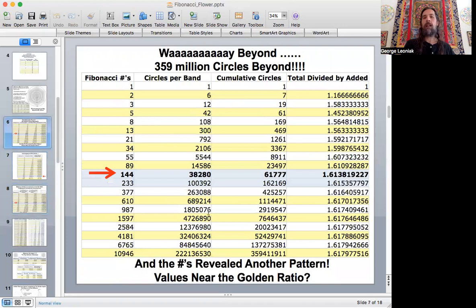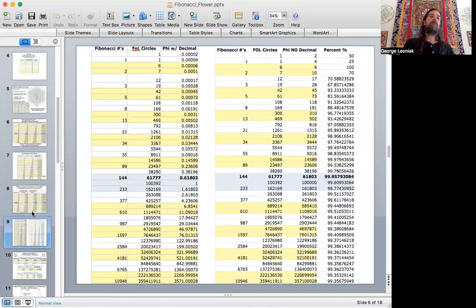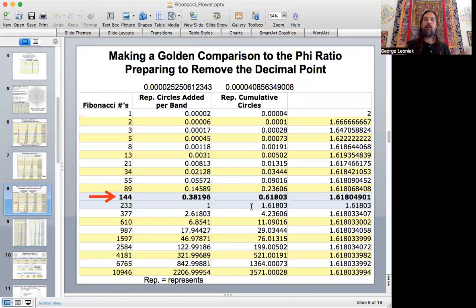So they're the same length. So we're going to make a comparison between these golden ratio numbers, right? Phi squared, phi cubed, right?